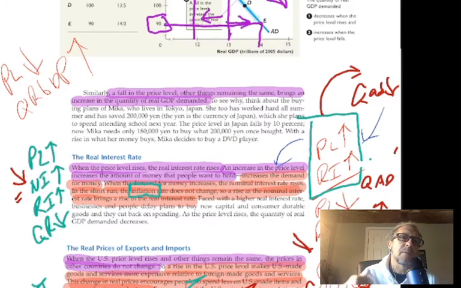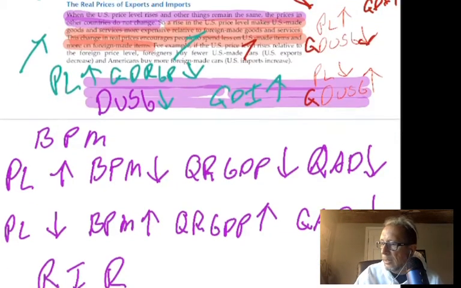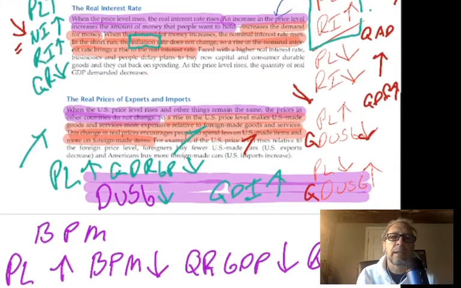Because in the short run there's no inflation, that also causes the real interest rate to increase. Inflation is only a long run activity, and that'll cause the quantity of real GDP or the quantity of aggregate demand to decrease.